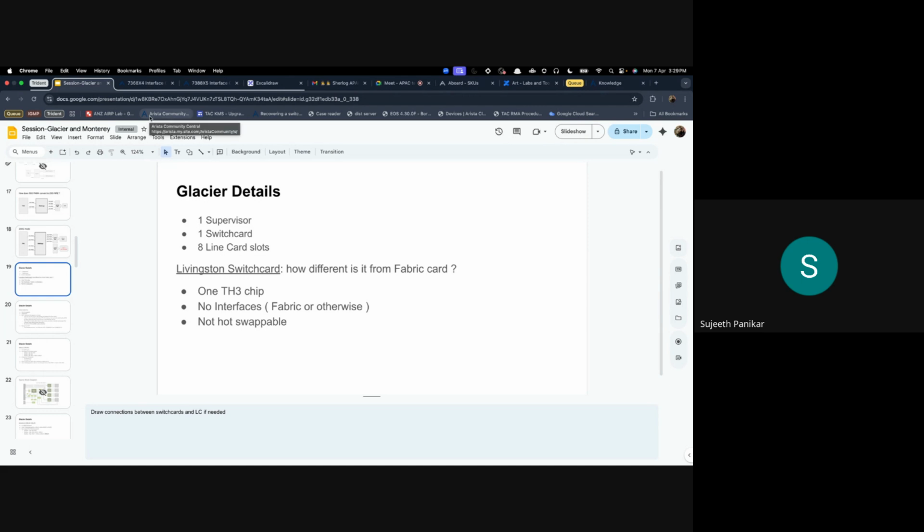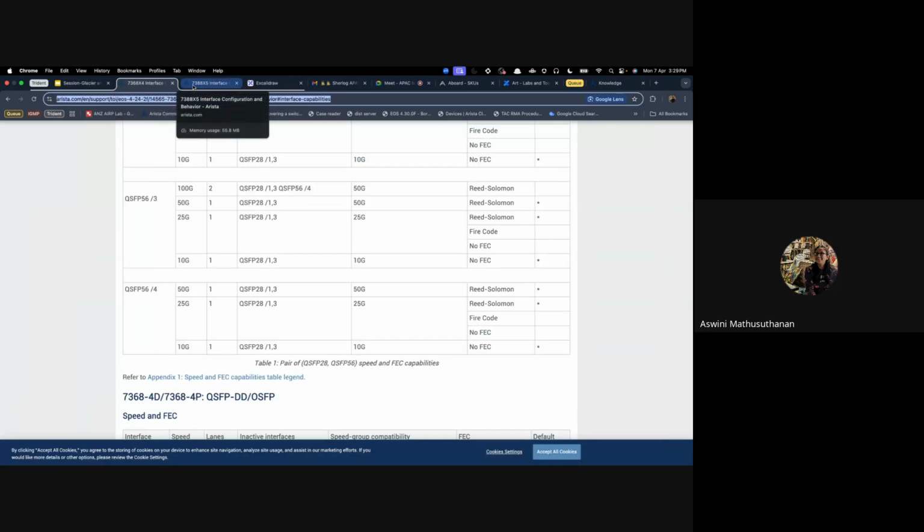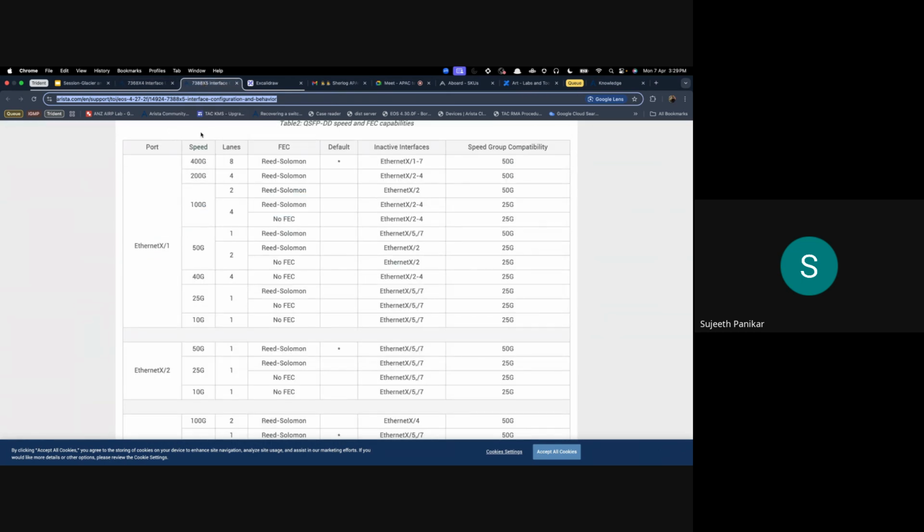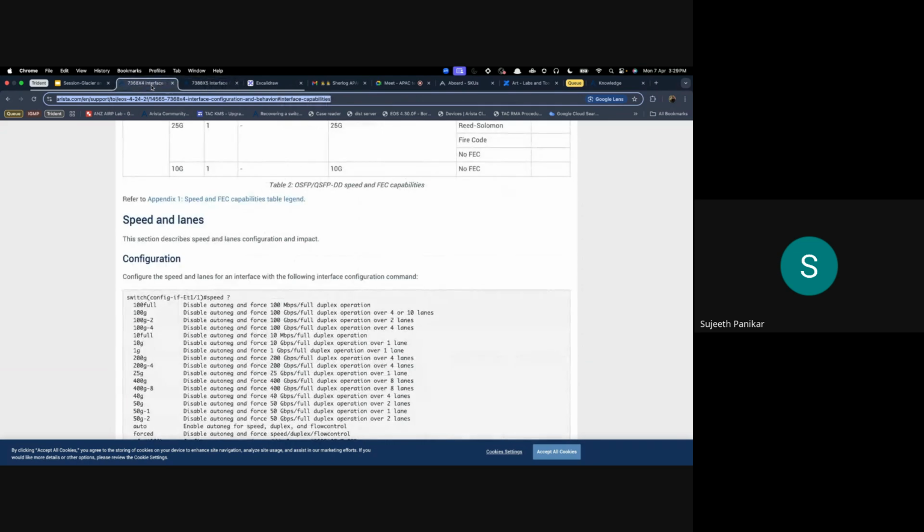They have listed down all the possible permutations that you can come up with. So should a customer actually reach out to us, the TOI has all the information for that. The two TOIs, one for Glacier, one for Monterey, can become your go-to places for any such L1 topology or inactive logical port questions.